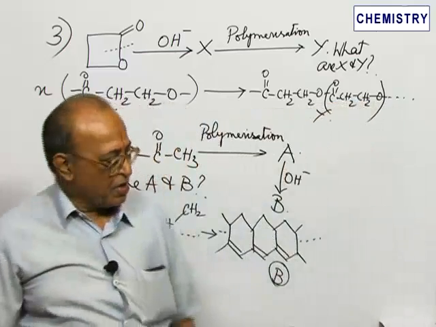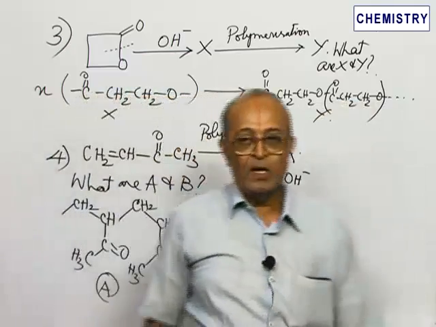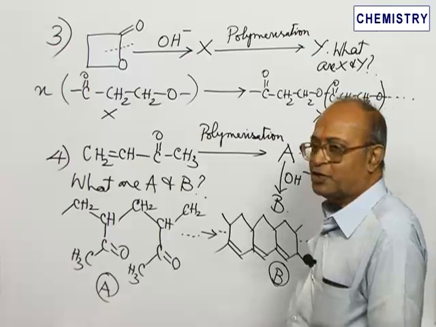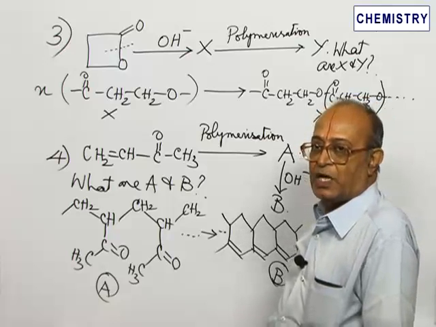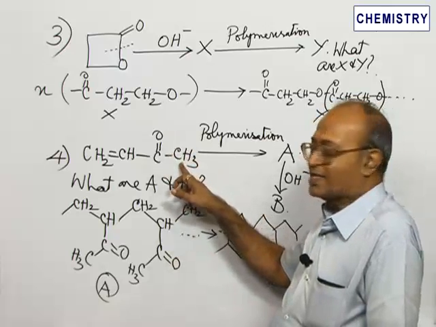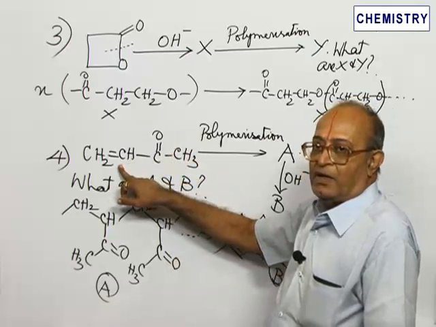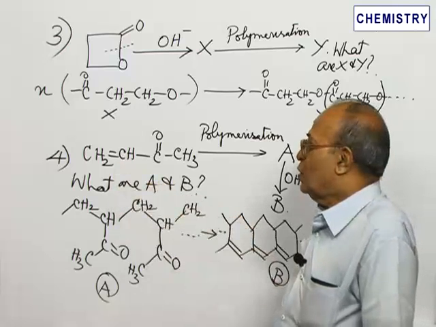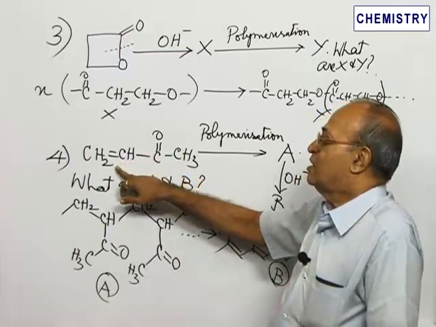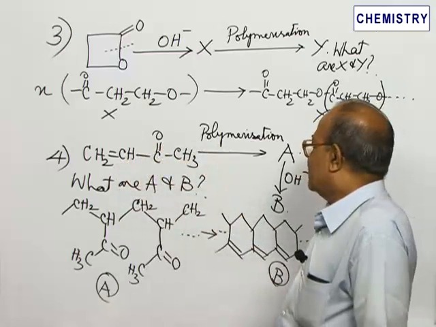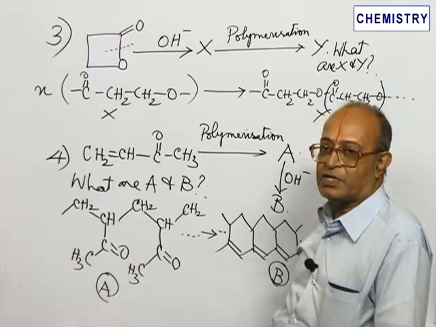Consider question number 4. Here we consider a ketone, CO group, methyl group on one side and vinyl group on the other side. So, methyl vinyl ketone. This undergoes polymerization reaction.